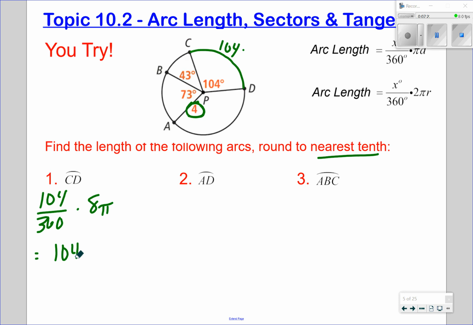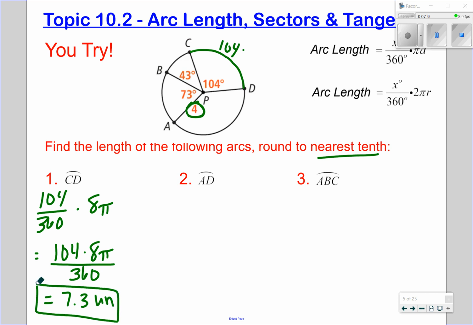So a lot of you are probably getting comfortable with making this your whole numerator. You can simply put that in your calculator, and once you do that, you get 7.3, and we don't know what the units are, so we just put UN for units.